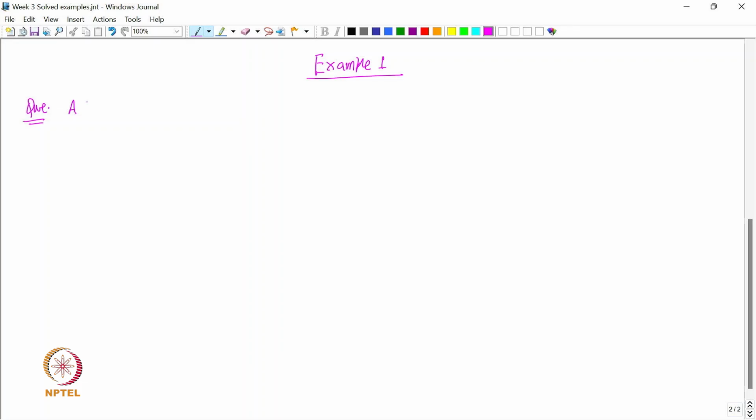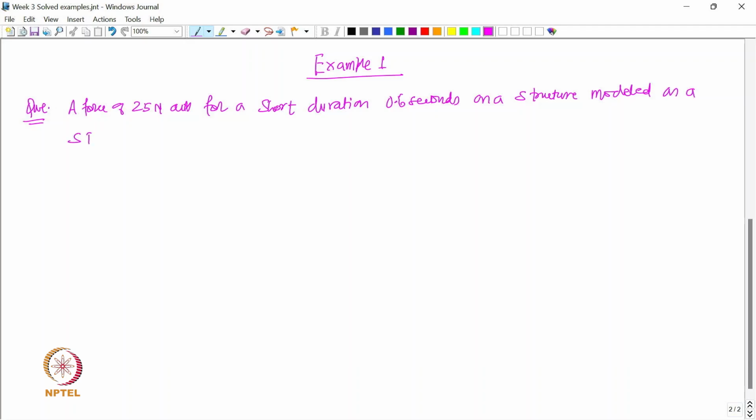Question: a force of 25 newtons acts for a short duration (0.6 seconds) on a structure modeled as a single degree of freedom system with parameters given below.